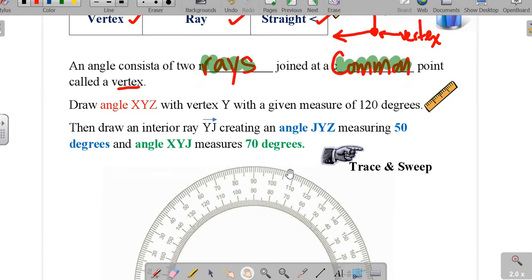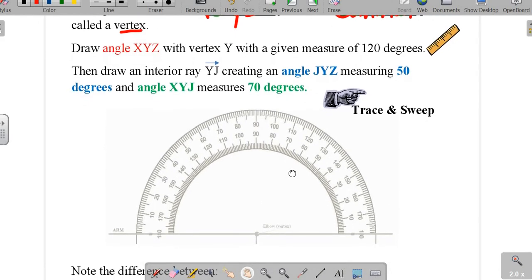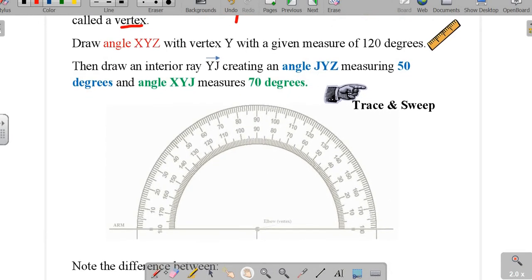So down here we're going to draw an angle XYZ with a vertex Y with a measure of 120 degrees. 120 is an obtuse angle. So Y is going to be our vertex, which means it's the hinge.